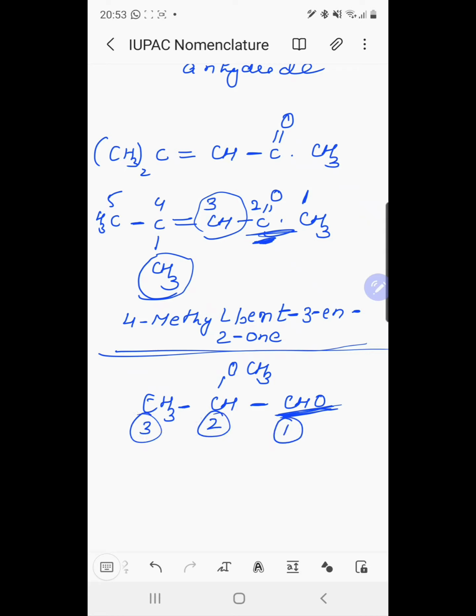In this case the name will be: at the second position we have a methoxy group, 2-methoxy, propane-1-al, 2-methoxypropanal.